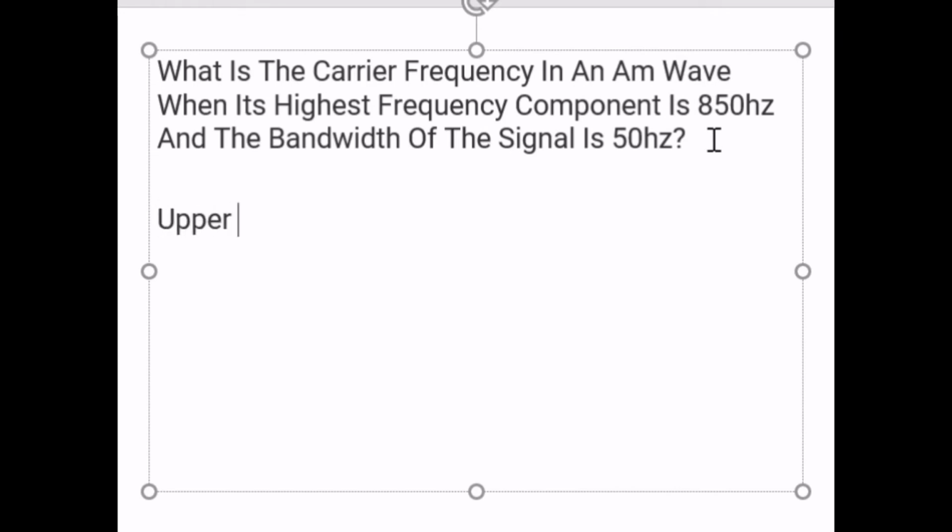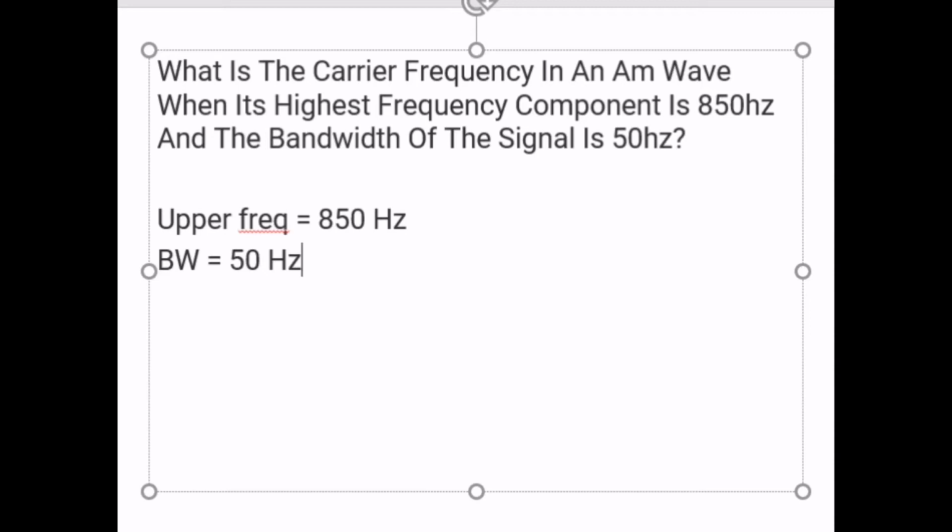The upper frequency, which is the higher frequency component, is 850 Hz, and they also give you the bandwidth, which is 50 Hz. You need to find the carrier frequency.